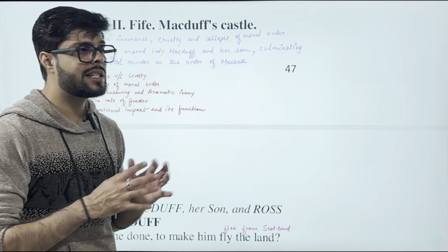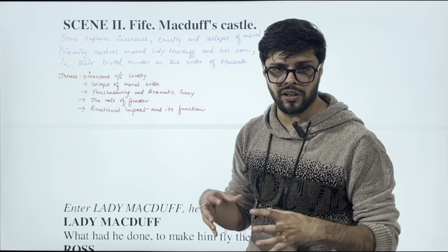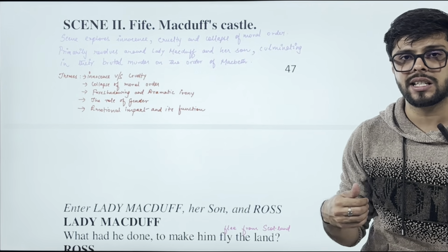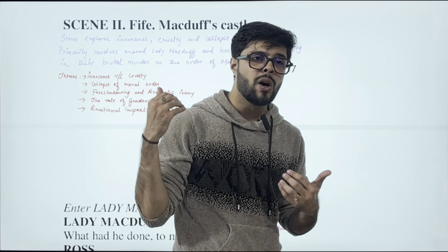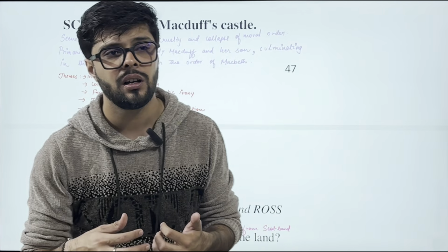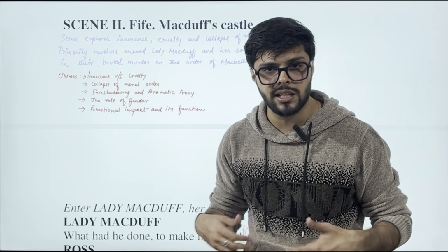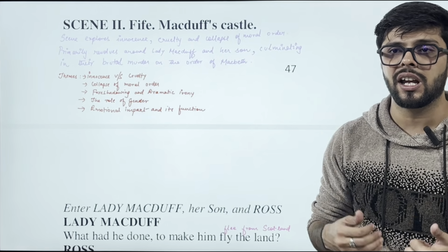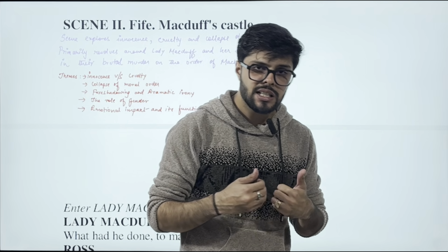Okay? So this scene takes us down to more of a domesticated atmosphere, which is in sharp contrast to the earlier setting which had taken place in the pit of Acheron amidst disturbed weather of thunder and lightning. Over here it's a homely and comforting sort of atmosphere, and suddenly that air of comfort changes into discomfort, where Lady Macduff accuses her husband of having left her and her son behind unsecured.